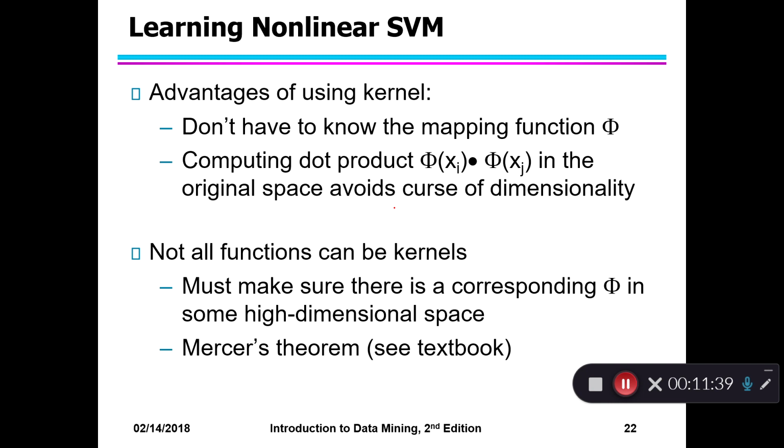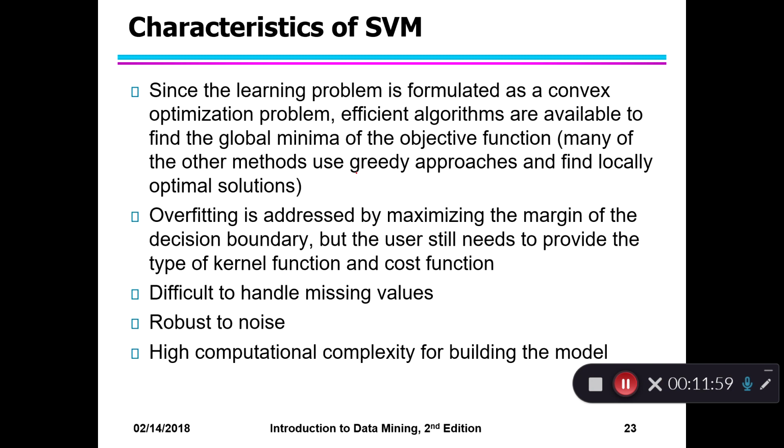There are some limitations for this kernel method, which is that not all functions can be kernels. We must make sure there is a corresponding phi in some high dimensional space. These are the limitations of using a kernel.